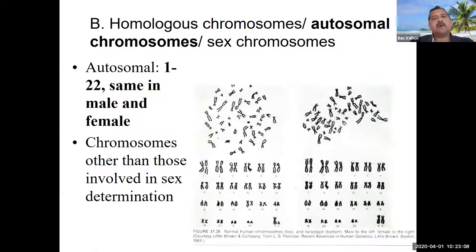Now, the term autosomal is for the first 22 chromosomes. Chromosomes 1 to 22 are the same in males and females. You can take a look at the karyotypes in this picture right here, and you can see that the only difference between the two karyotypes is that 23rd chromosome.